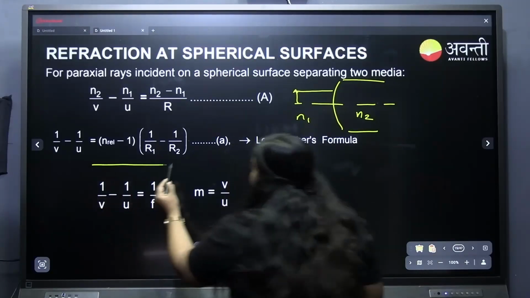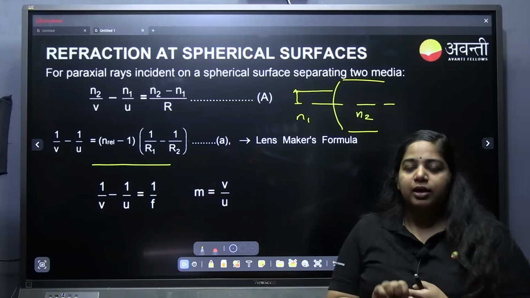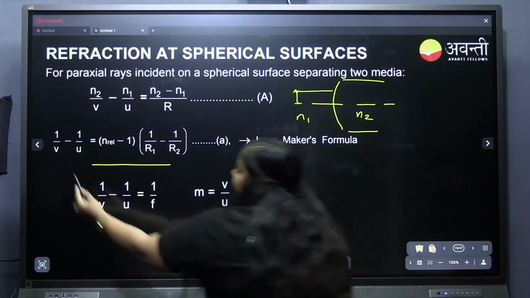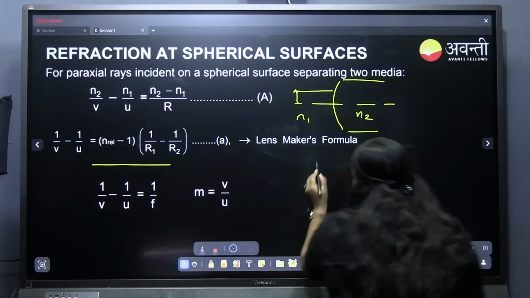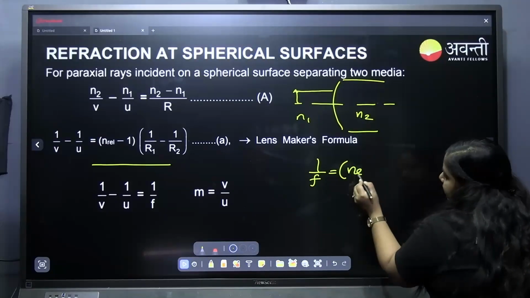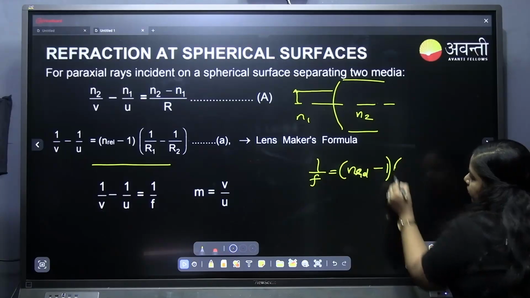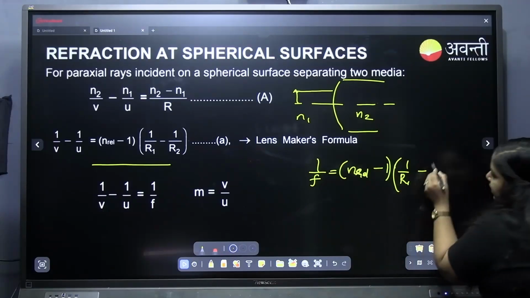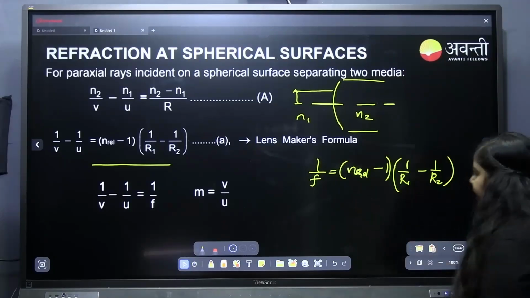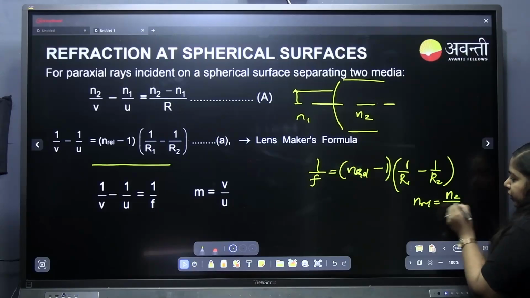Next is lens maker's formula. Based on this you can find if the lens is converging or diverging, because 1 by V minus 1 by U, that is equal to 1 by F, equal to N relative minus 1 into 1 by R1 minus 1 by R2. Here N relative is nothing but N2 by N1.